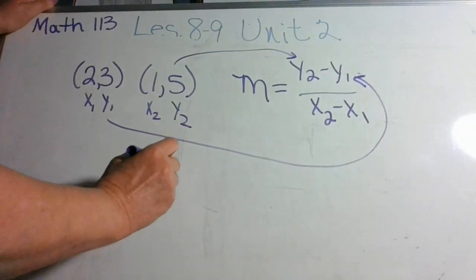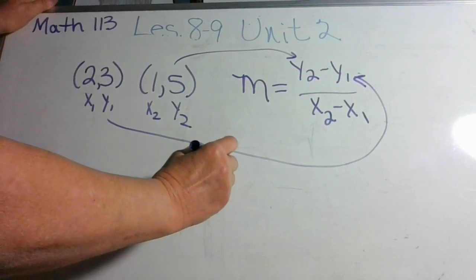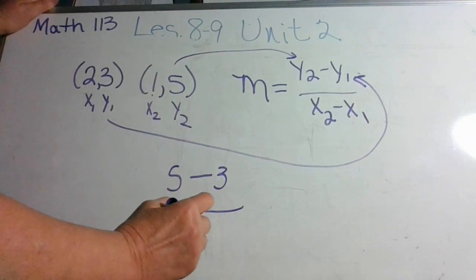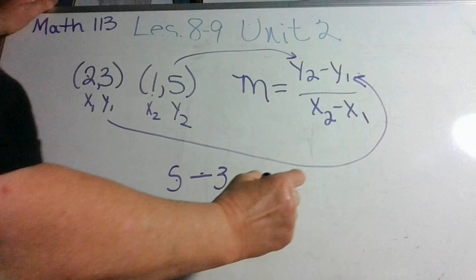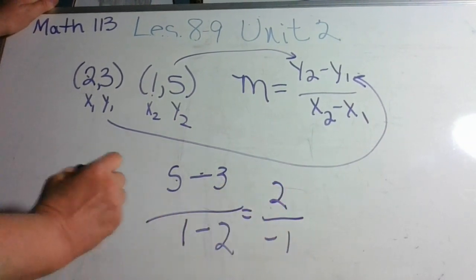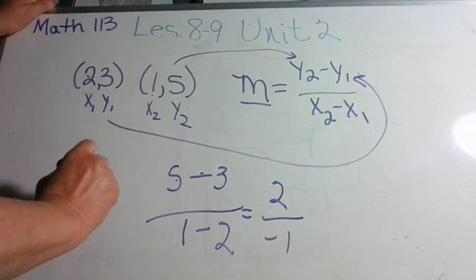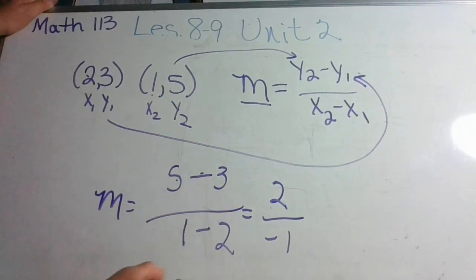So we're going to have 5 subtract 3 over 1 subtract 2. 5 subtract 3 is 2. 1 subtract 2 is -1. So we always call the slope m. Don't ask me why, because I don't know. M is equal to 2 over -1.